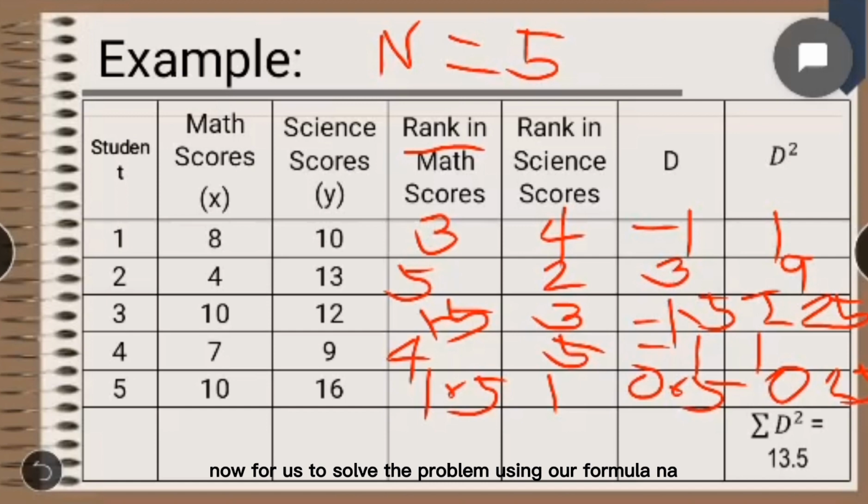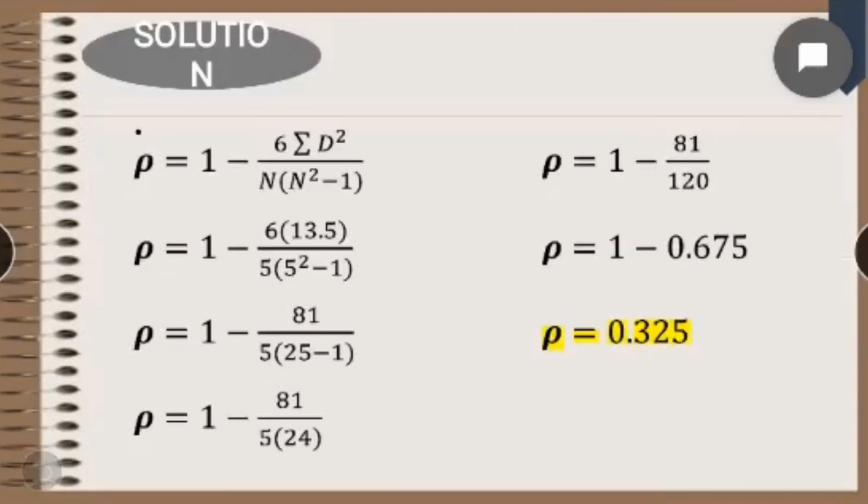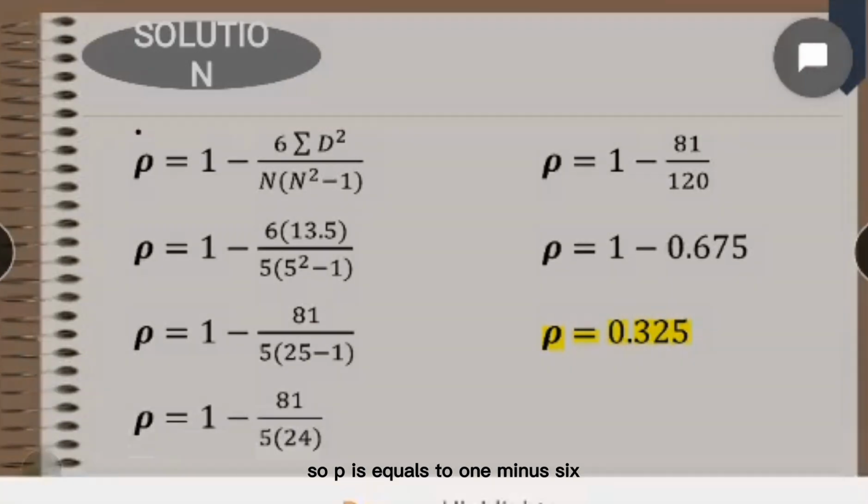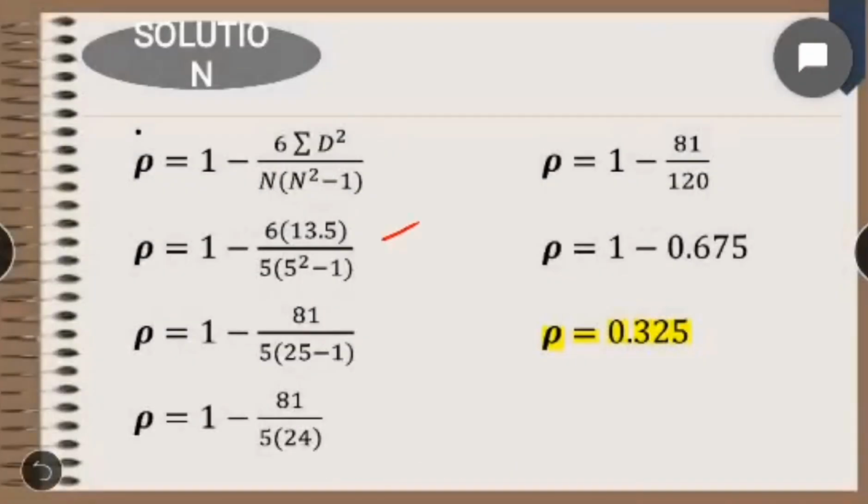Now, for us to solve the problem using our formula na. Again, our formula is P equals to 1 minus 6 sigma d squared over n times n squared minus 1, where n is the number of our students.